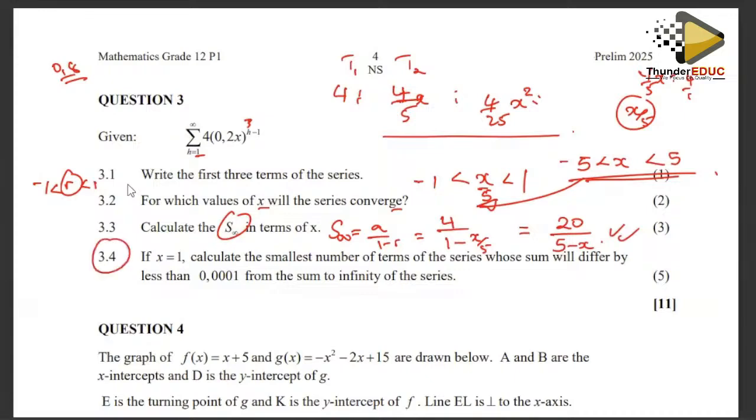And then at 3.4, if x is 1, they want us to calculate the smallest number of terms of the series whose sum will differ by less than this from the sum to infinity.